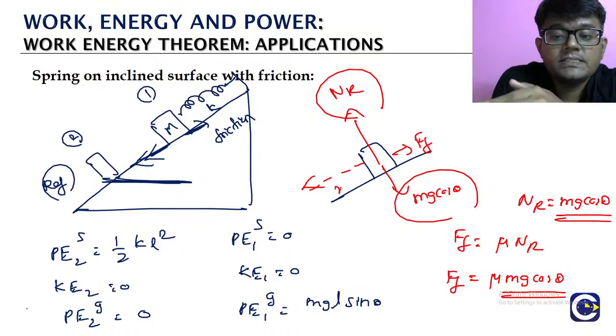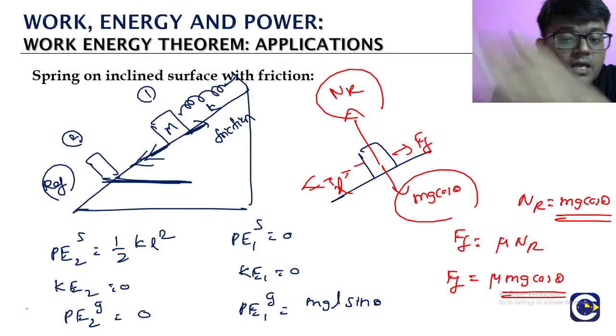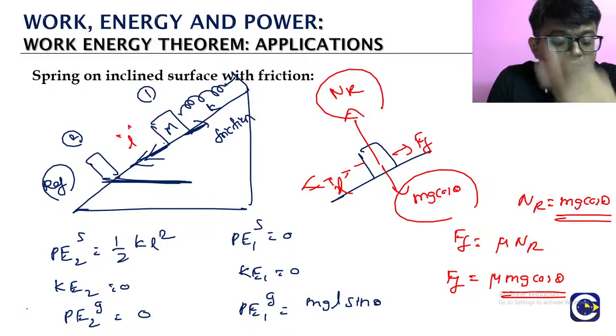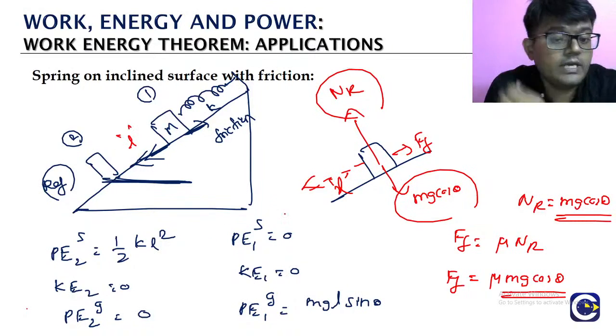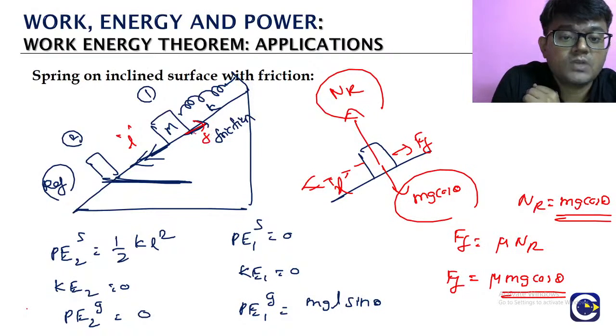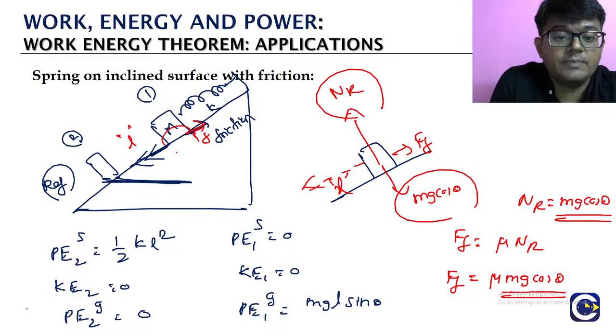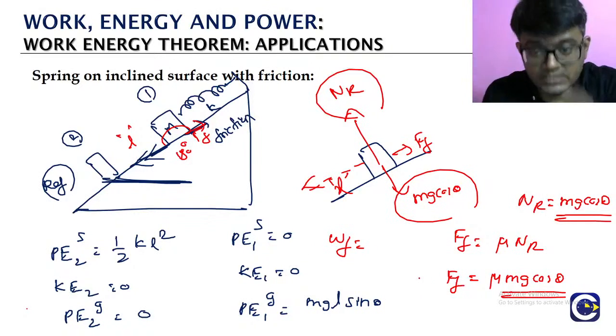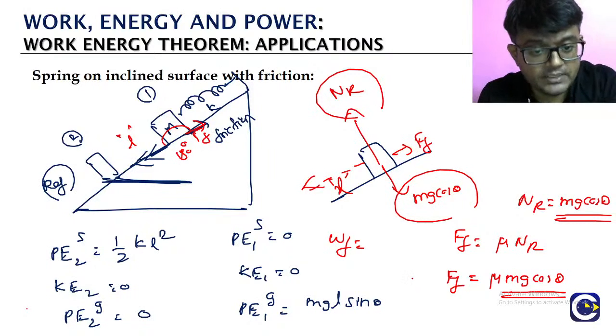The object is coming down along the plane by a value L. That is what you are taking, right? It is moving down by a value L. Friction is opposite. The angle between them is 180. So work done by frictional force is mu mg cos theta, which is the force, into displacement L into cos 180.